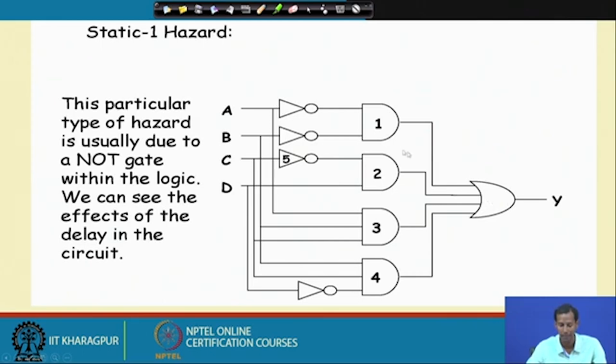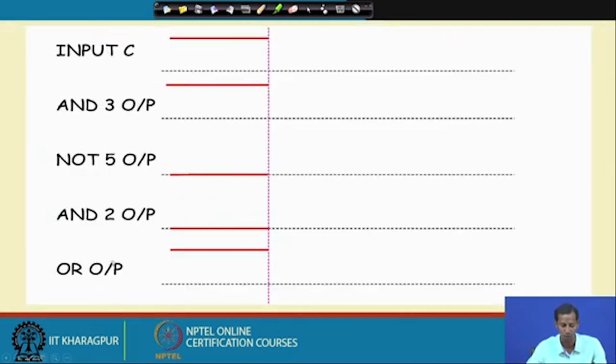If I consider only 2 and 3, ORing of 2 and 3 means 1 and 0, which is 1.